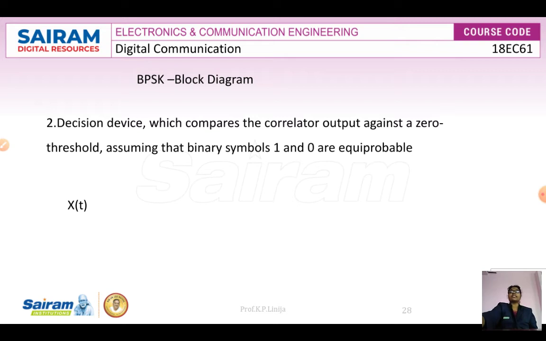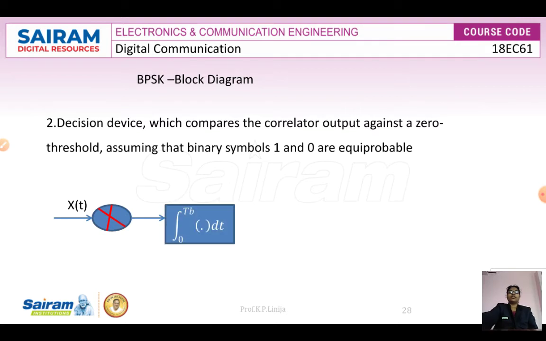For that, let us consider x of t given to the product or multiplier. This is the binary phase shift keying receiver block diagram, and this is given to the decision device; that means the integral from 0 to Tb, that is the integrator. The correlator consists of the multiplier and the integrator.